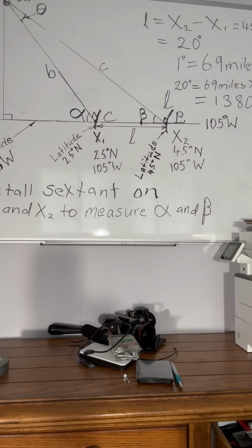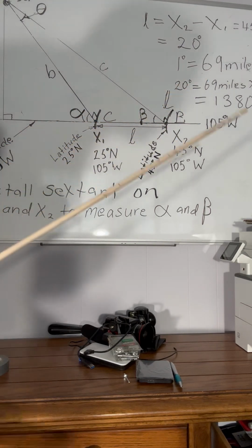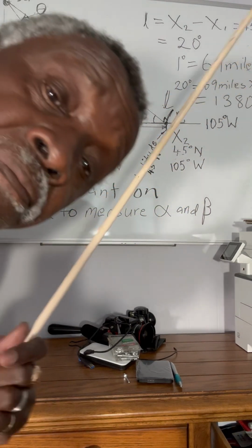Now let me go back so you remember what I said. You put your sextant 1 to measure angle alpha.